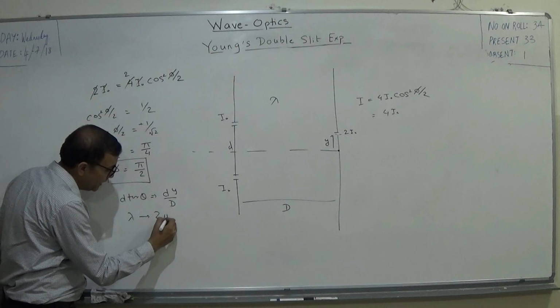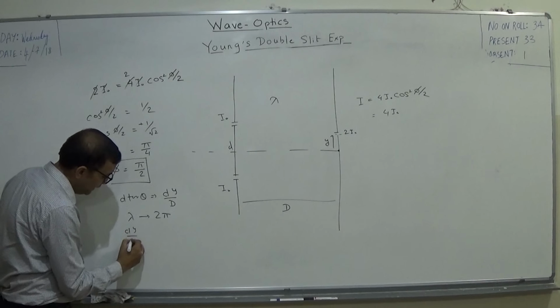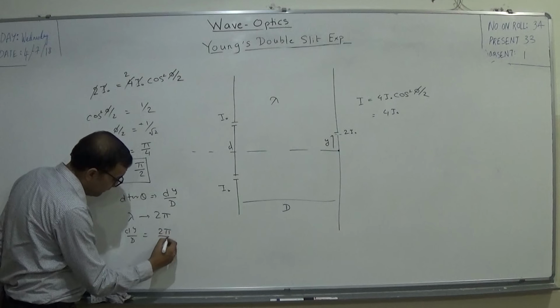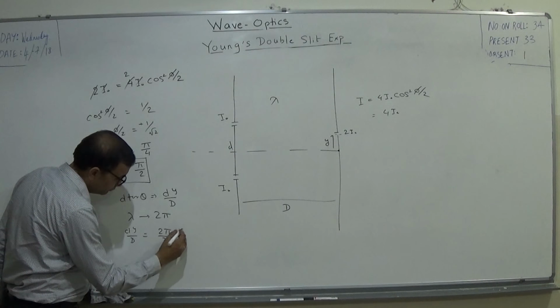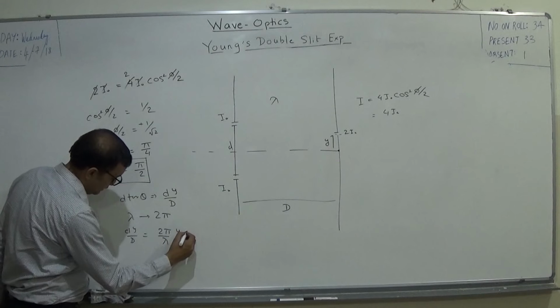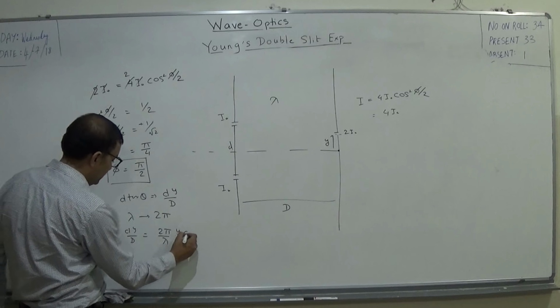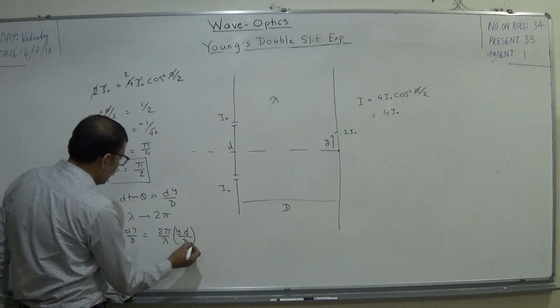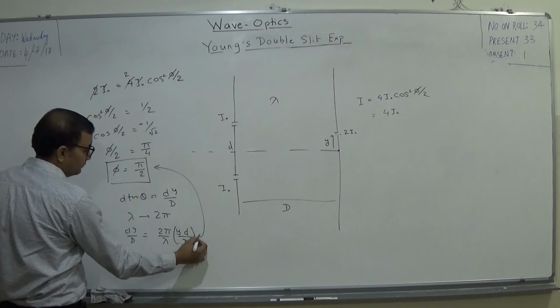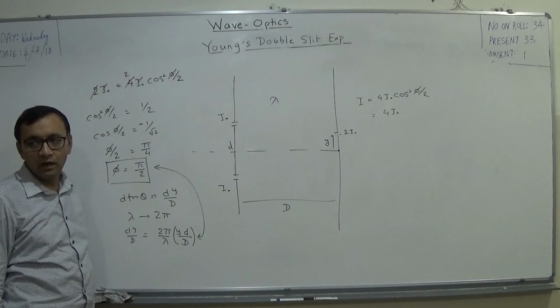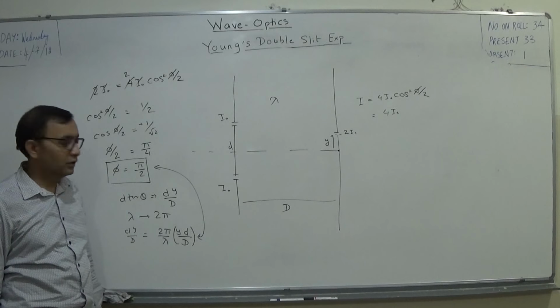Lambda corresponds to 2 pi. So dy by D corresponds to 2 pi by lambda into y d by capital D. So this should be equal to that. Are you getting my point? Okay.